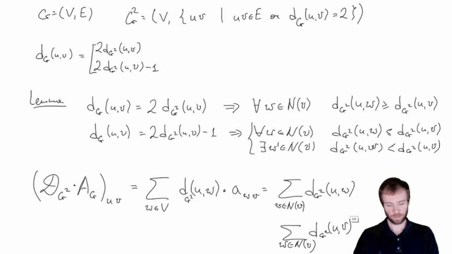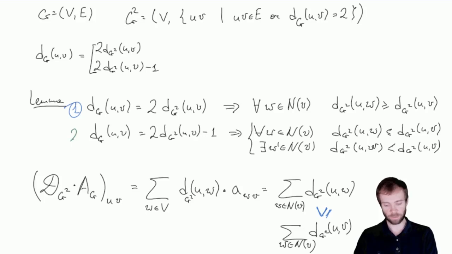Now we can see that in case 1, for u and v, every entry in this sum is greater than or equal to the corresponding entry of the other sum. So in case 1, we have this type of inequality between the corresponding terms, and thus we have the same inequality between the sums themselves.